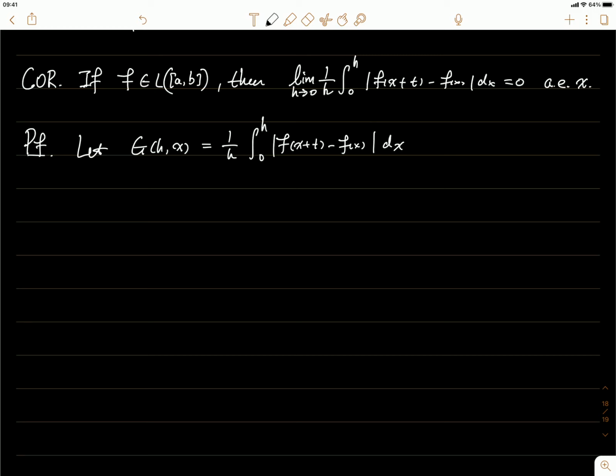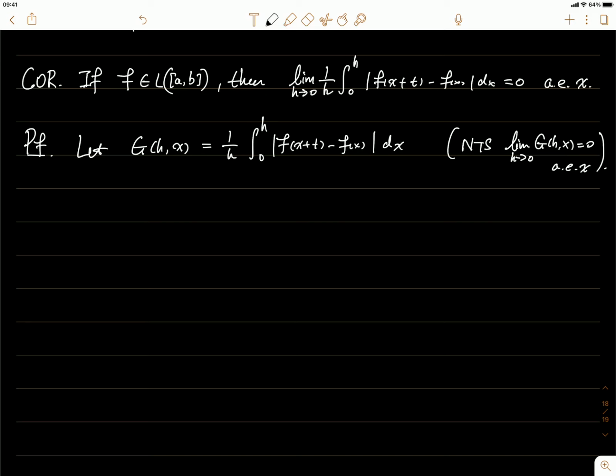As you can see, what we're trying to show is that the limit as h goes to 0 of this is equal to 0 for almost every x.